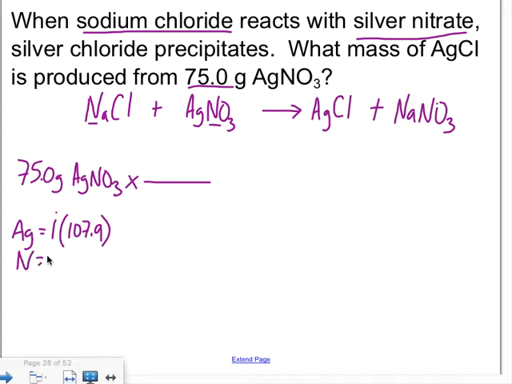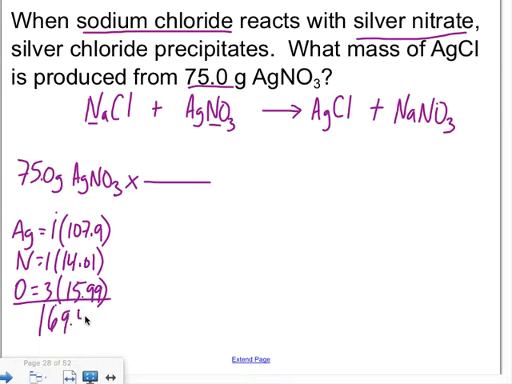Nitrogen, I have 1 at 14.01. Oxygen, I have 3 at 15.99. I add all of these up, 169.88 grams per mole. So if I measure out 169.88 grams of silver nitrate, then I have a mole of silver nitrate.